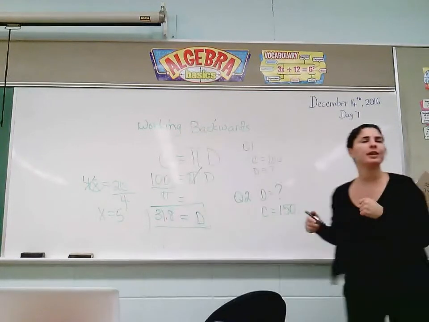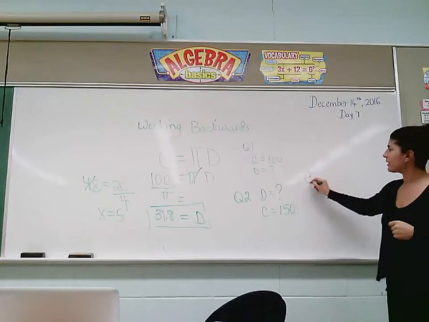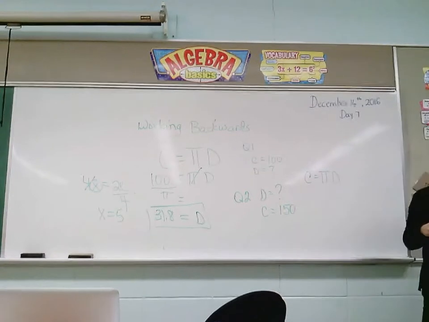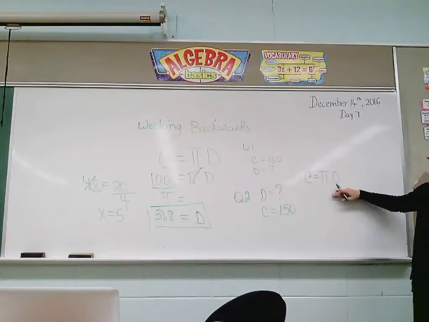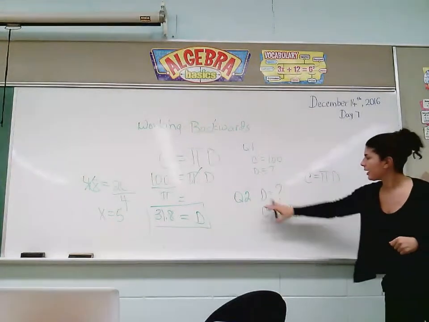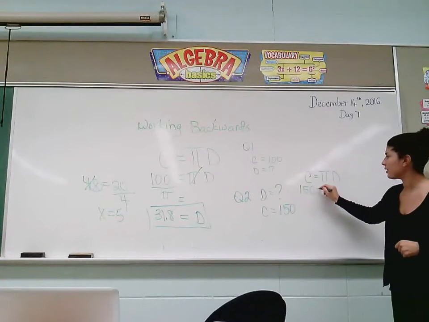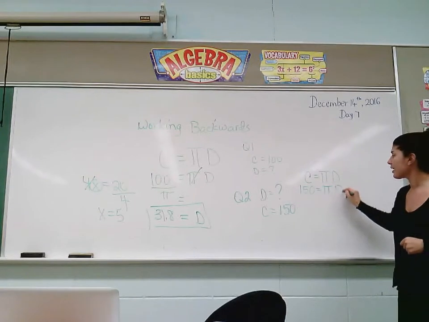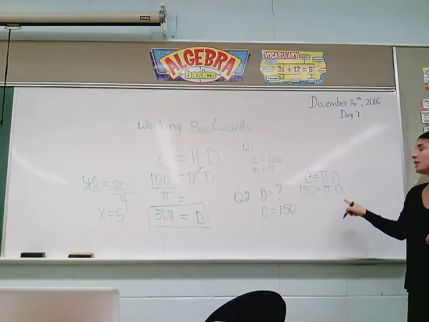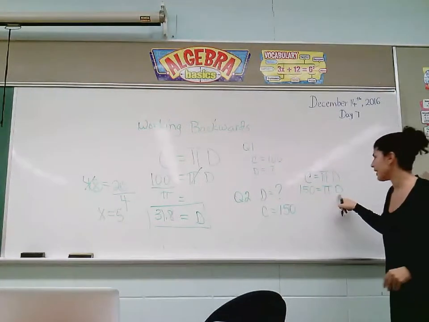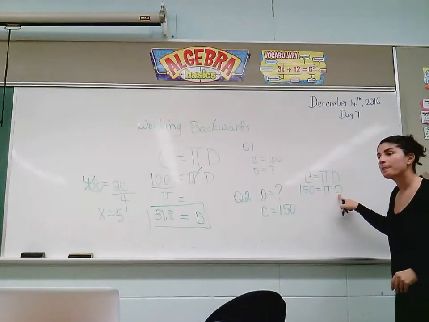So the first thing I'm going to do is write C equals pi times diameter. Then I'm going to look at my information and say, oh, they gave me the circumference. So I'm going to put 150 here and realize that I can do something super simple to get the diameter. What can I do to get my diameter alone? You have to divide.